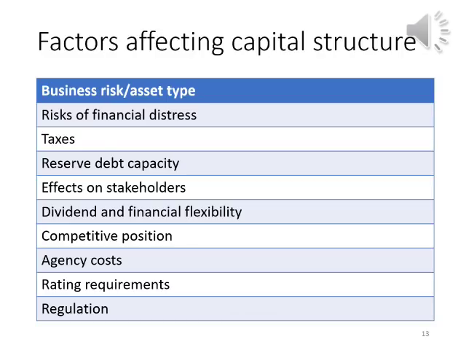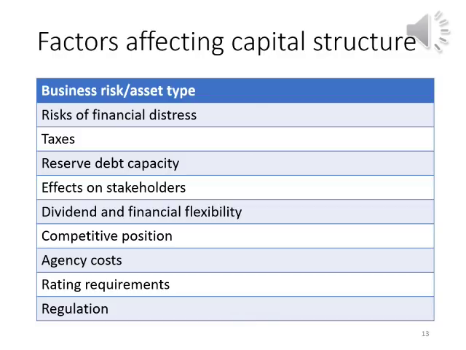Effects on stakeholders. If the company is, for example, running the risk of financial distress, this will impact employees and the wider community and other stakeholders, and therefore it will impact the debt equity ratio. Dividend and financial flexibility. Financial flexibility means the ability to borrow more, and this will also affect the capital structure. Competitive position. If the company has a strong competitive position, it may be able to have a higher debt equity ratio if the banks are more willing to lend to it because they know that.